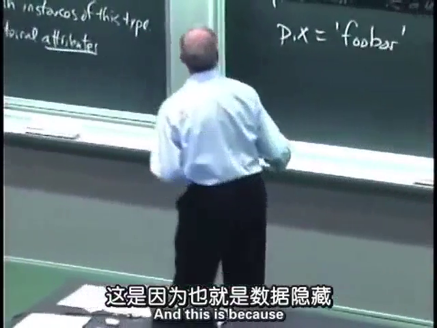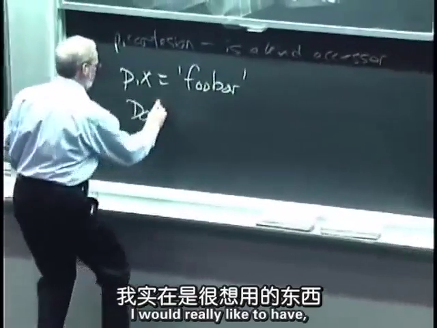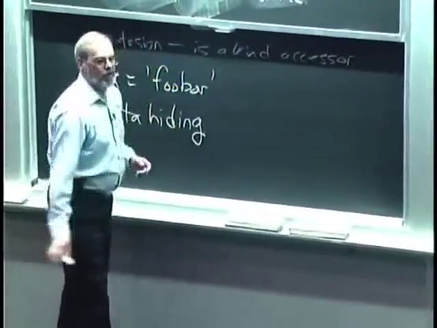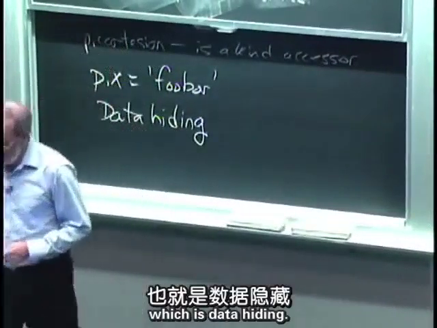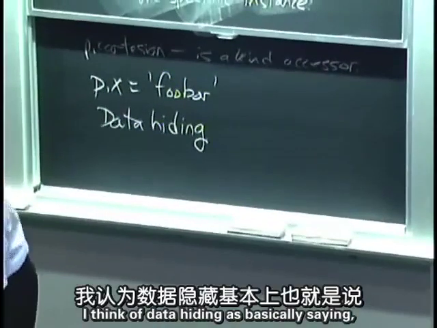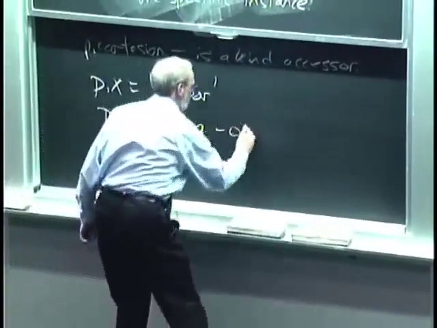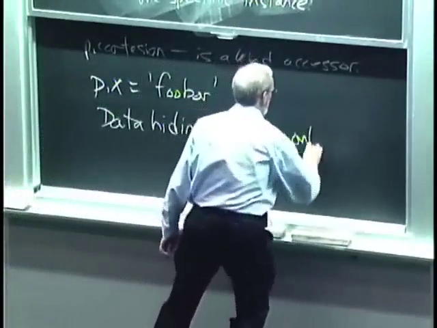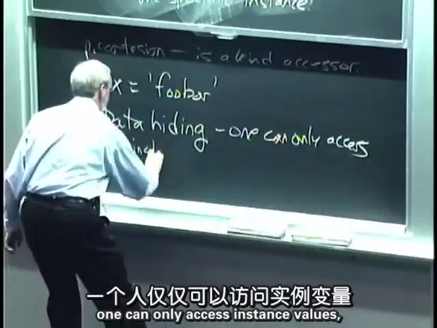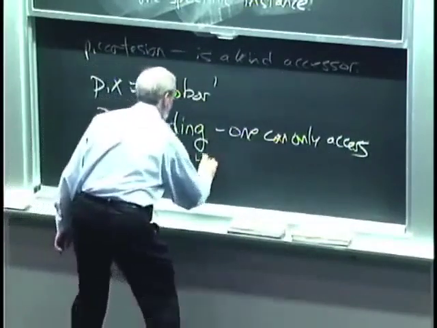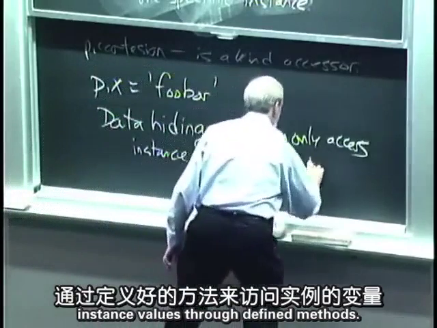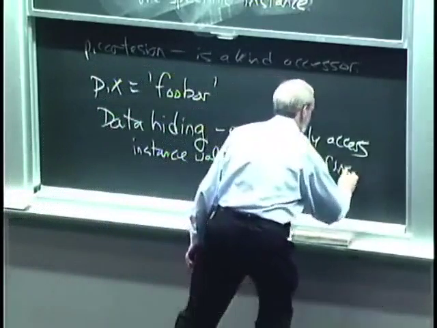And this is because I don't have something I would really like to have. Okay, which is data hiding. So you'll see lots of definitions of this. I think of data hiding as basically saying, one can only access instance values through defined methods.